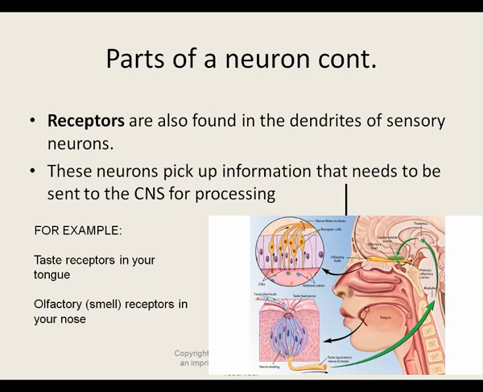All right, so receptors are proteins that are found in the dendrites of sensory neurons. So these are neurons that are sensing the environment.